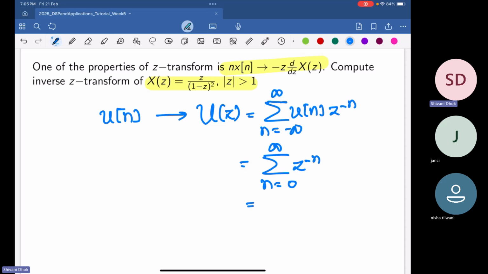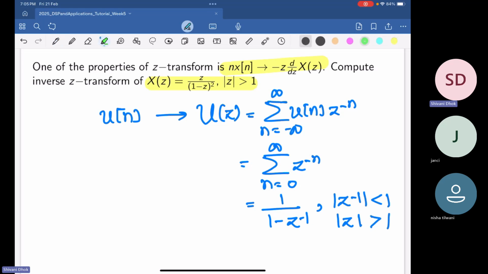So now this becomes 1 upon 1 minus z inverse, for magnitude of z inverse less than 1, or magnitude of z greater than 1. If you observe closely, this is the exact region of convergence given to us in our question.